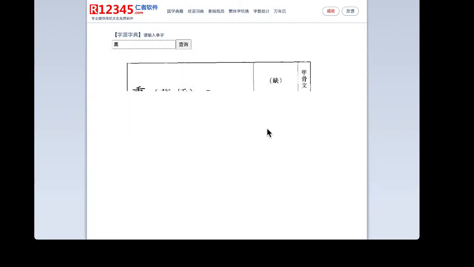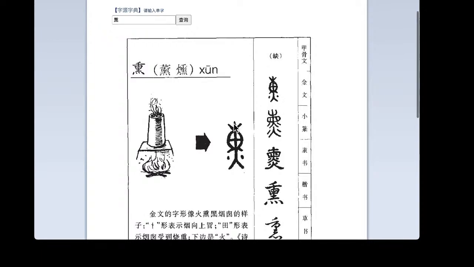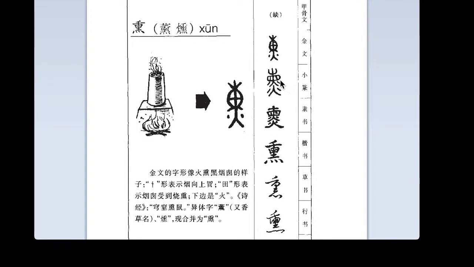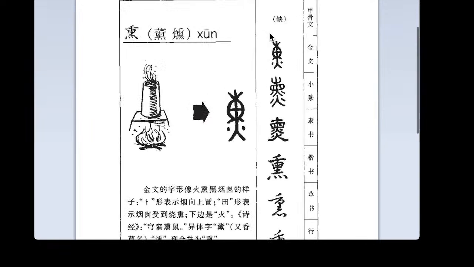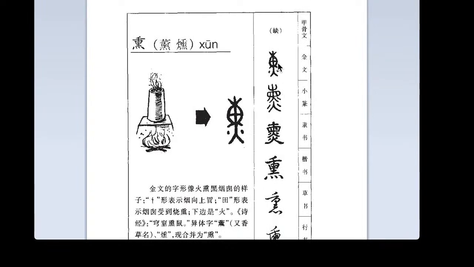Let's take a look at the character itself. You can see the original character is like that. The fire is on the bottom, and then you have a container in the middle, and on the top, that means the smoke is getting out. The picture is telling you: here's the fire, here's the hot air going into it, and here's the smoke coming out.